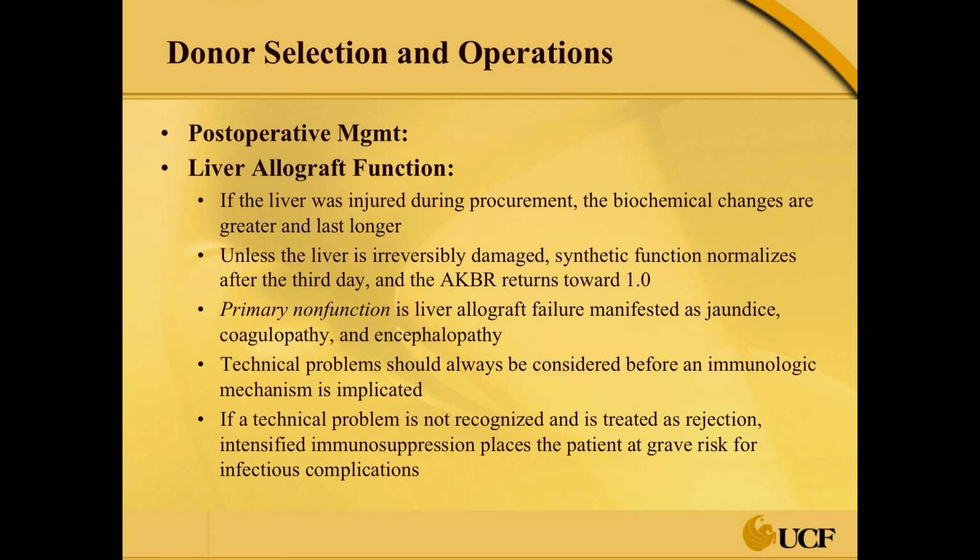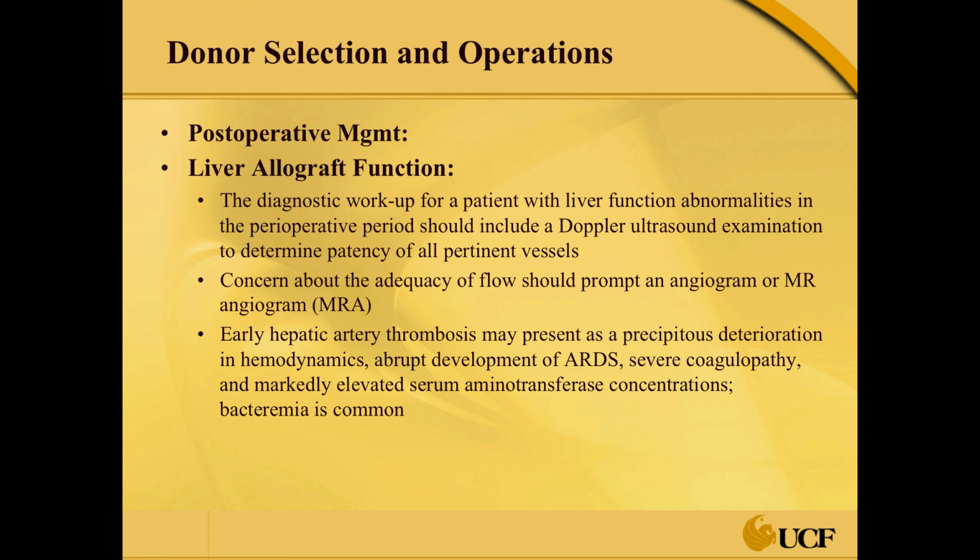Because if we don't recognize a technical problem and then we treat it as rejection, what we get is intensified immunosuppression, and that is going to put that early post-op patient at extreme risk for infectious complications, all right? So again, rule out everything else before jumping to the conclusion that this is rejection.